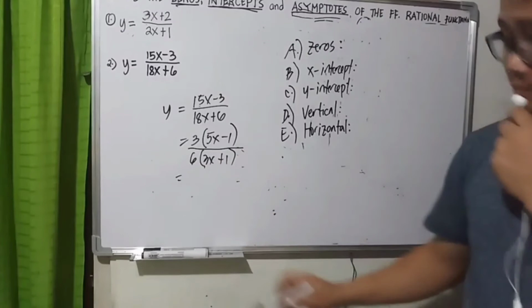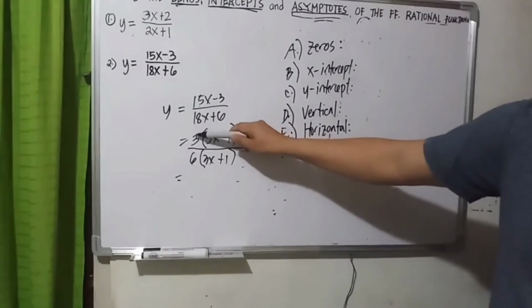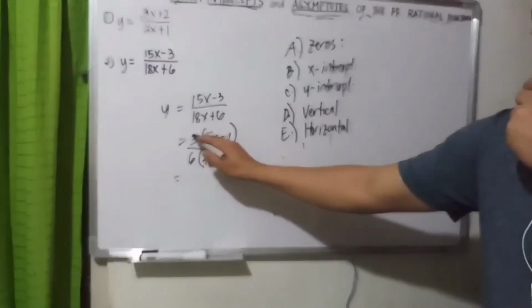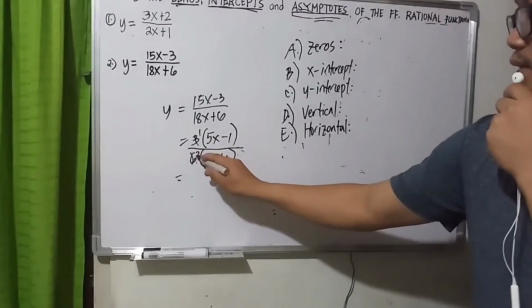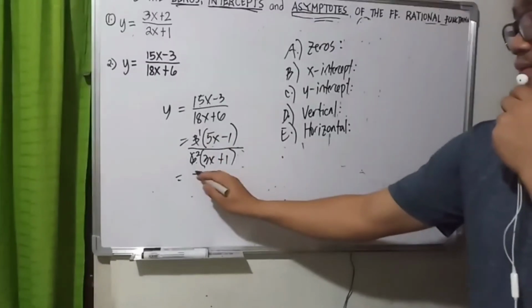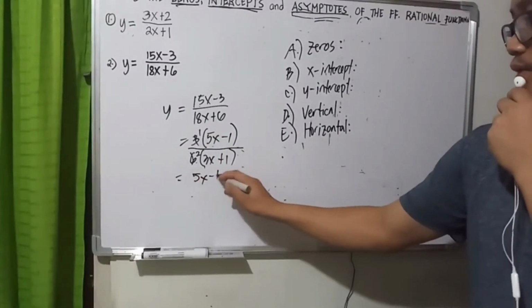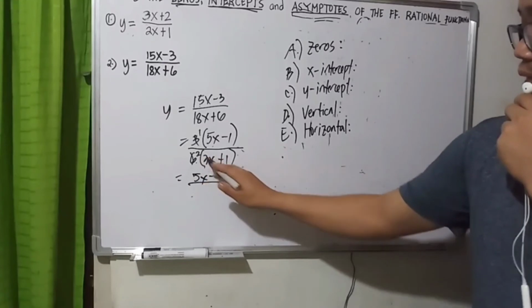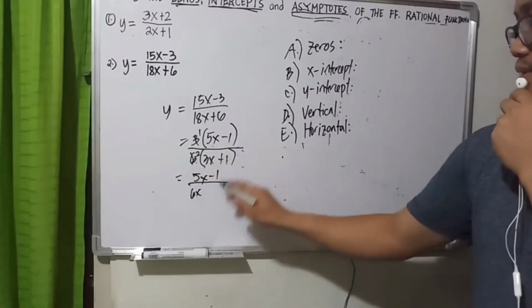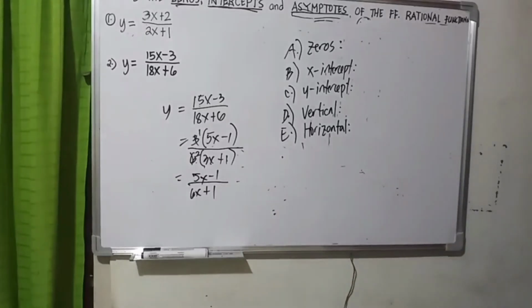Next, simplify. Ito, 3 over 6, pwede ma-reduce to lowest term, that is 1 and 2. So 1 times 5x minus 1 is 5x minus 1. Then 2 times 3x is 6x. Then 2 times positive 1 is positive 1.